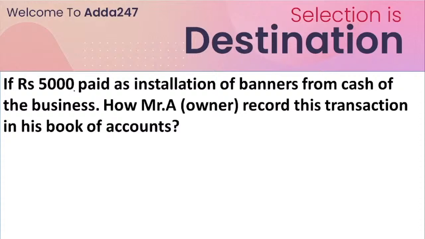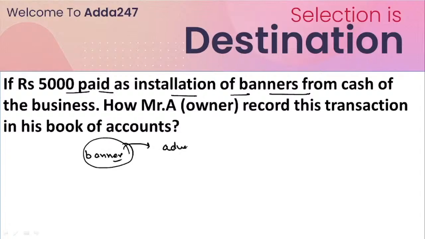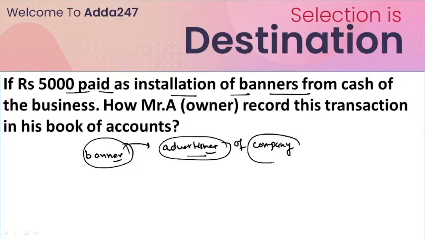The 5,000 rupees is paid for installation of banners. A banner is a kind of advertisement, isn't it? A banner is a kind of advertisement of the business, or of the company.